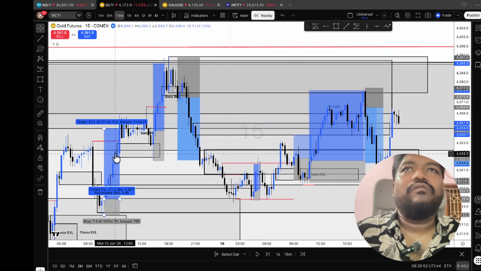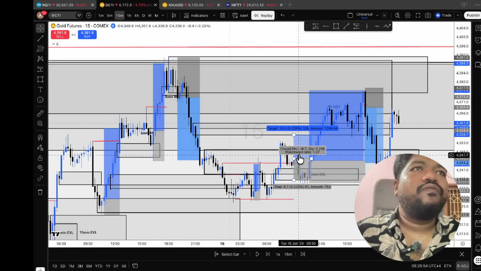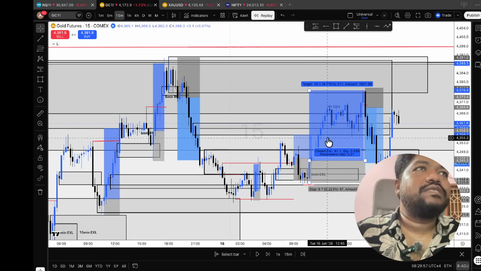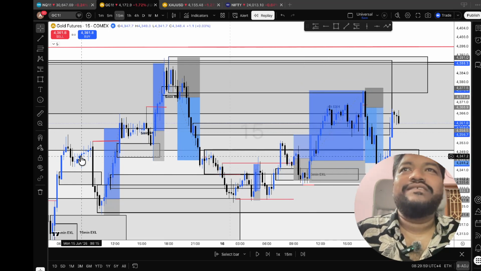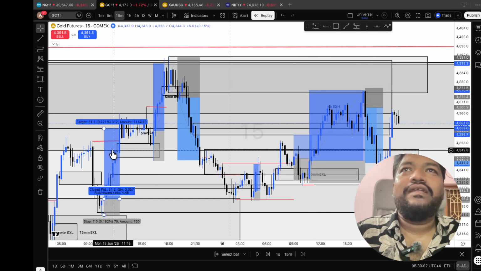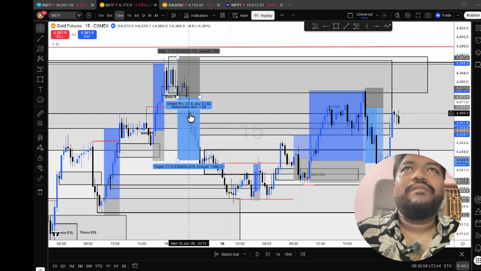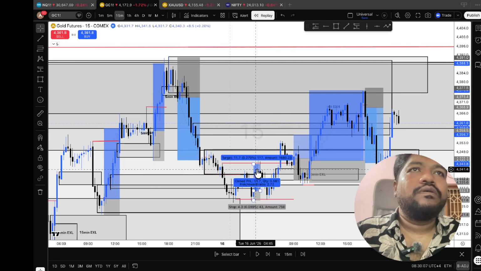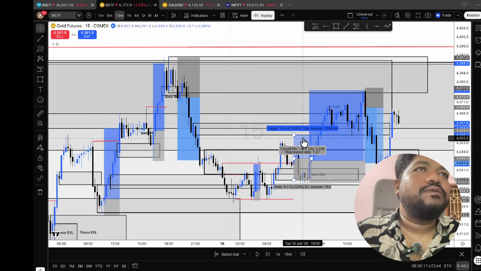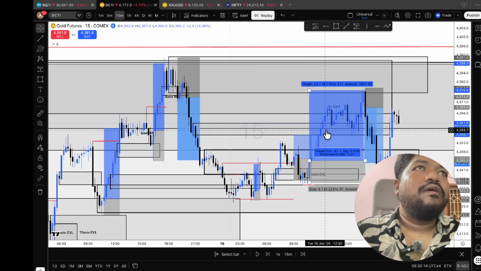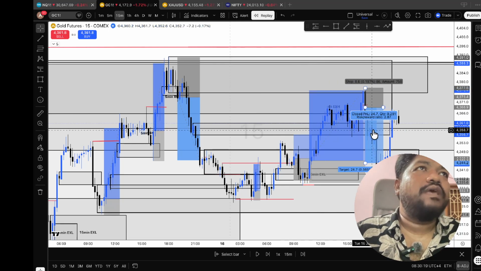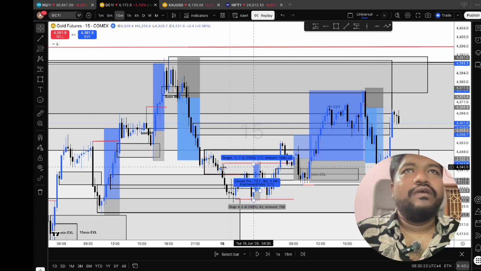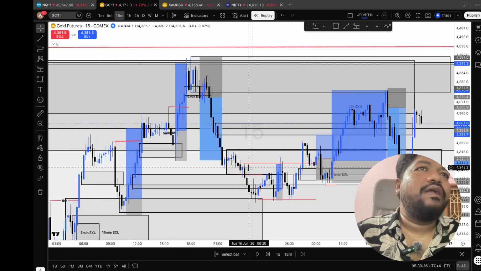So you can see that 1 2 3 4 5, 1 SL, 6 7 trades in 2 days, which is almost 310 pips, 290 pips, 170 pips, 110 pips, 90 pips SL, 310 pips again profit, and 86 pips again profit. Sorry, this one is 240 again profit. So this is how I usually trade on a daily basis.